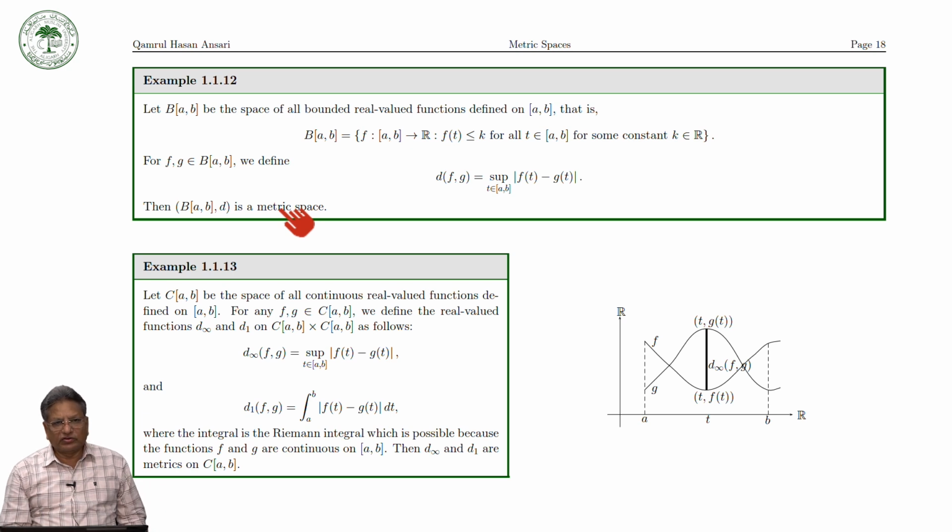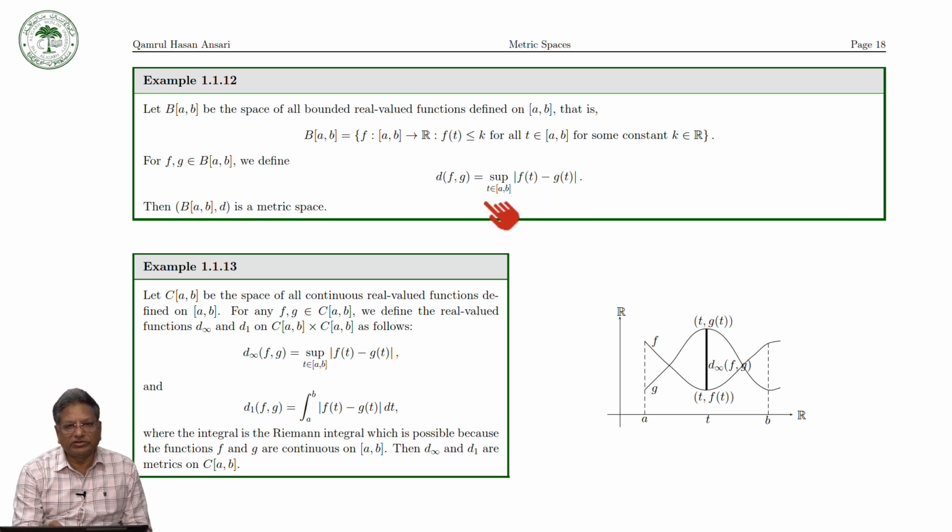In this way, by using this formula, we can calculate the distance between any two elements in the set of all bounded real valued functions defined on the closed interval [a,b].